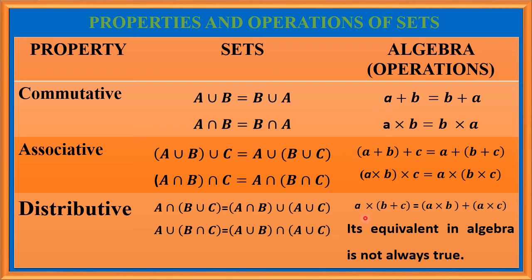So when we use multiplication and addition, we have A multiplied by B plus C. This will be A by B plus A by C, which we have here. Or when you look at this one, it has no equivalent in algebra, or it is not always true when we have its equivalence using the operations.